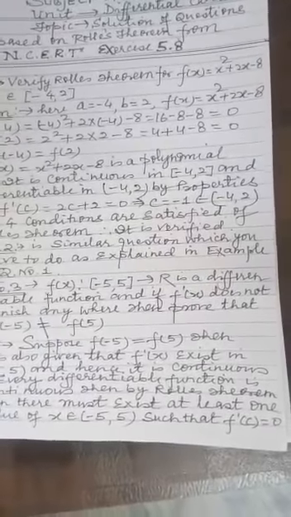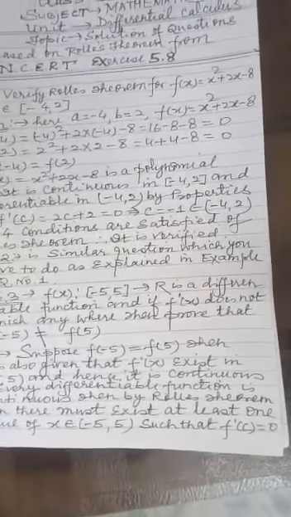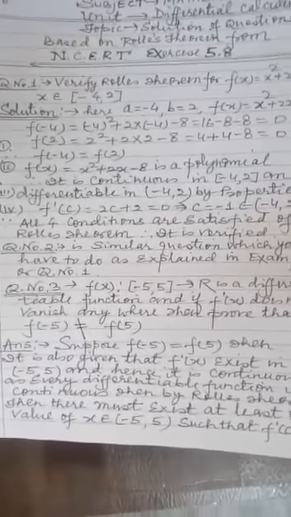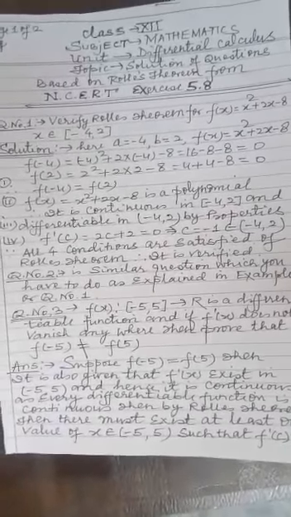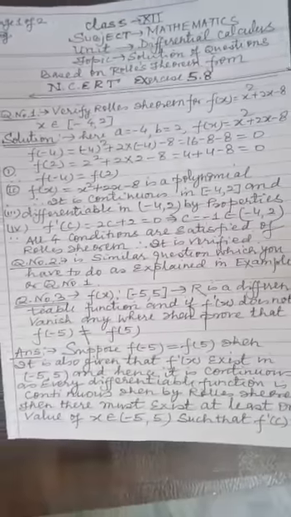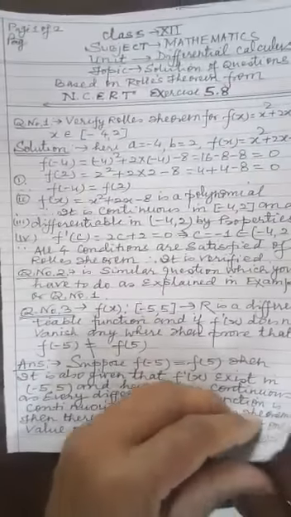So first three conditions of Rolle's theorem are satisfied here. At every point it is continuous and differentiable, and therefore by Rolle's theorem there must exist at least one value of x belonging to open interval minus 5 to 5 such that f dash x equal to 0.